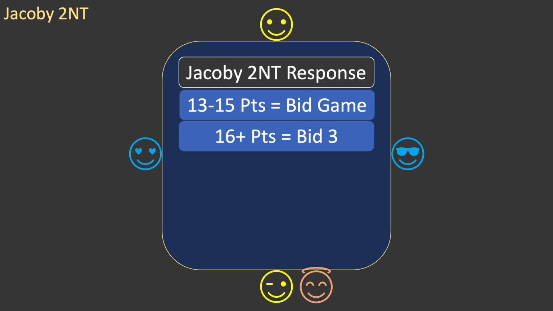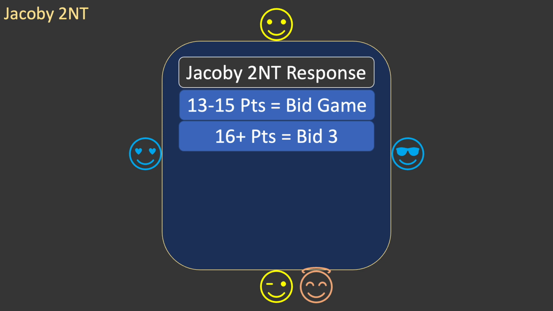But with a stronger hand of 16 or more points, bid just 3 of the trump suit. Bidding low with a strong hand may seem counterintuitive, but the bid is forcing, so partner will not pass. The advantage is that a low bid gives you more bidding space to check if a slam is really possible. You will see how to make the most of this bidding space in future videos.